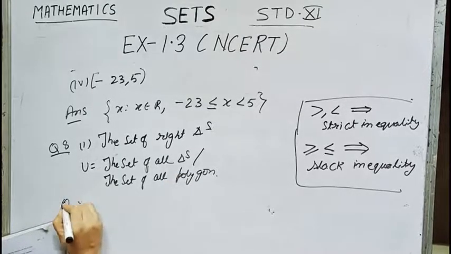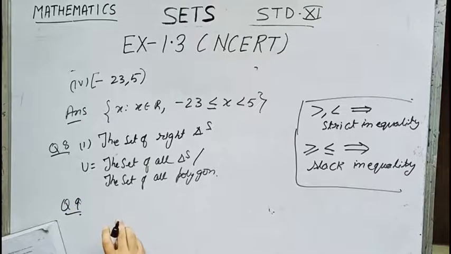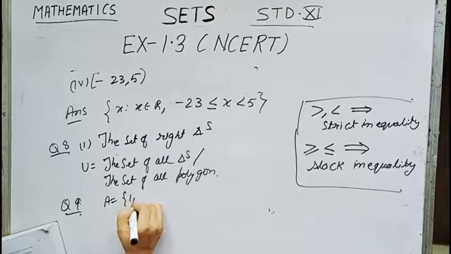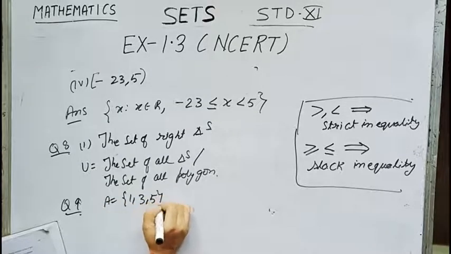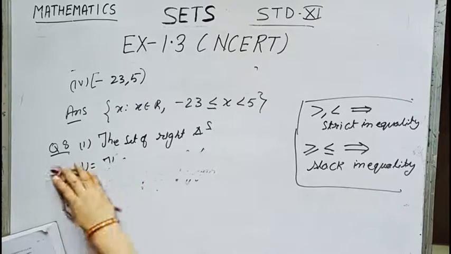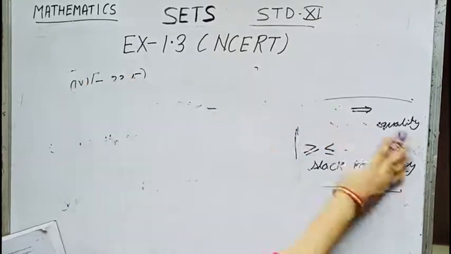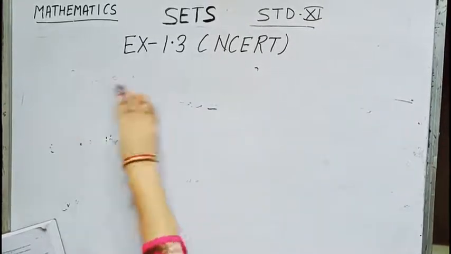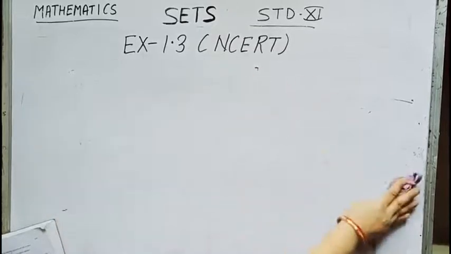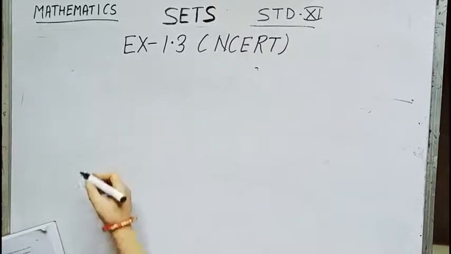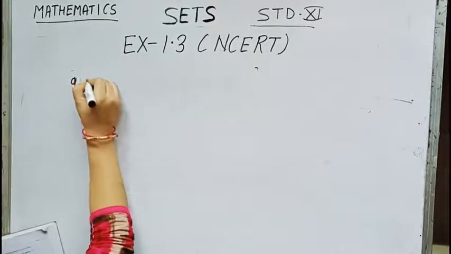Let us go to question number 9. Question number 9 is the set A equals to 1, 3, 5. Let us do in fresh. Question number 9.